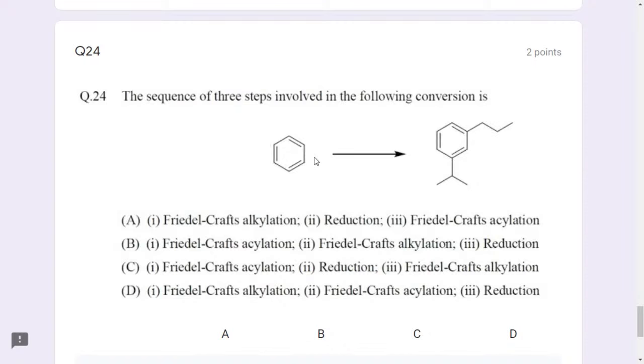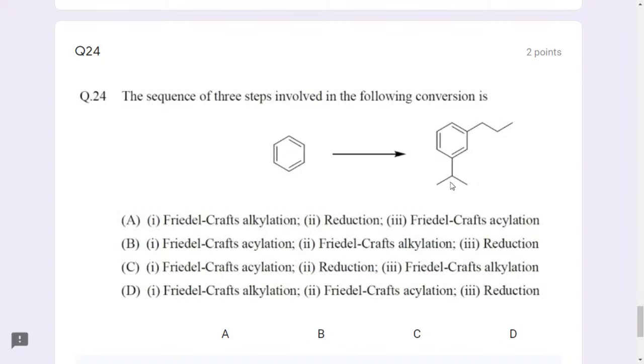benzene plus propionyl chloride gives, yes, propiophenone. So do Friedel-Crafts acylation. Yes students, when you do Friedel-Crafts acylation, it is going to give this carbonyl compound propiophenone. This propiophenone has an electron withdrawing group. When you do alkylation, it is a meta directing group.